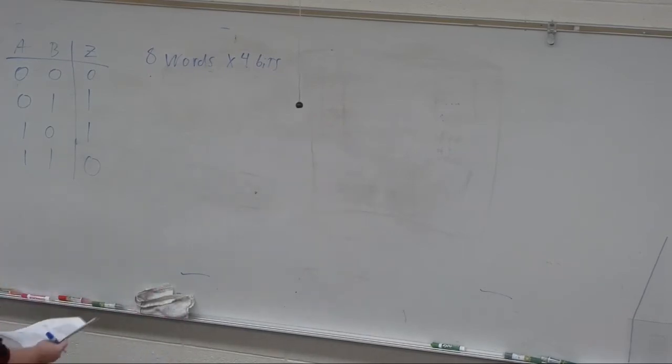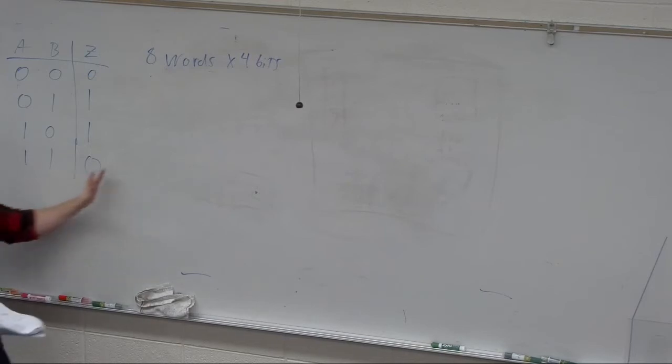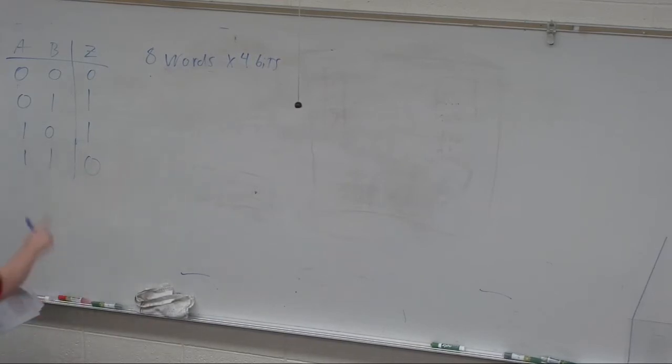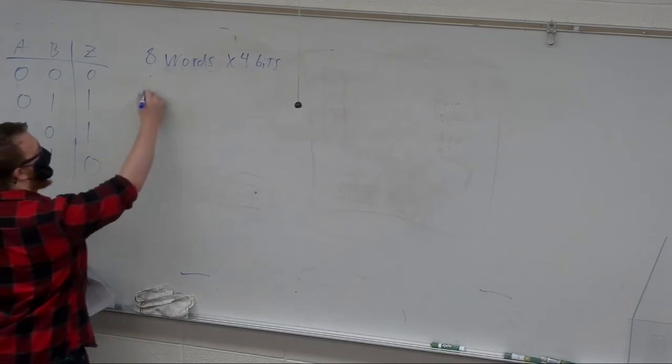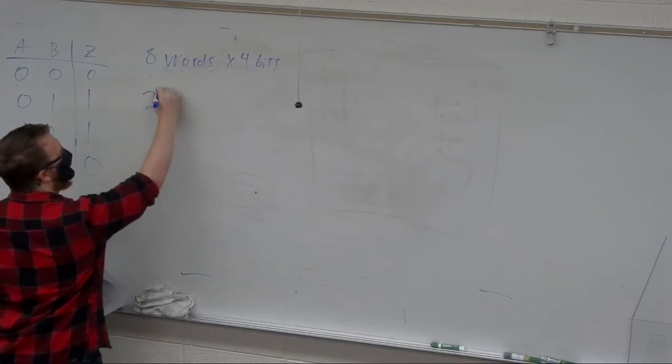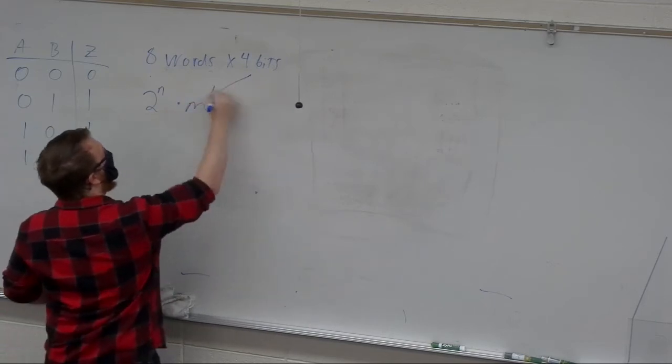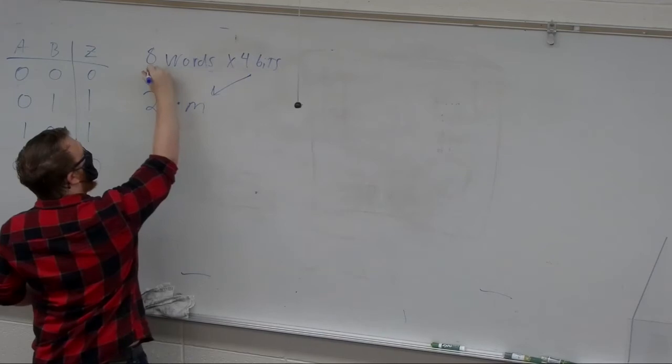And so here, what the word is talking about is how many rows we have, and the bits is the number of output bits we have. So all it comes down to, and this is a useful equation, is 2 to the n by m, where the bits is m and the words is n.